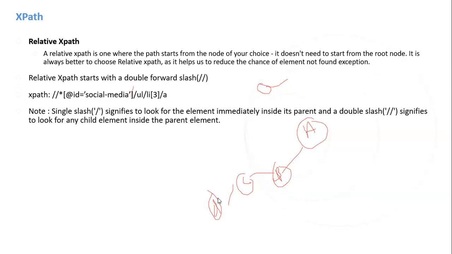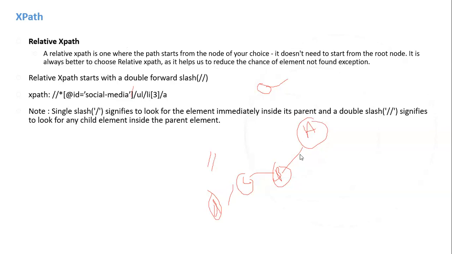You can start from anywhere as per your choice, from a node that is nearer to it. So you are not required to traverse from the root node. Relative XPath is a better choice because it helps to reduce the chance of the element not found exception.